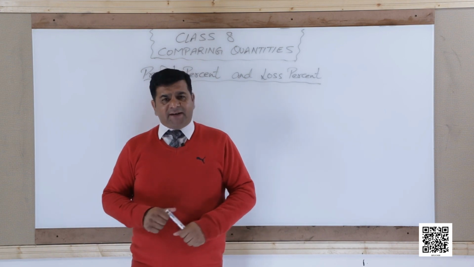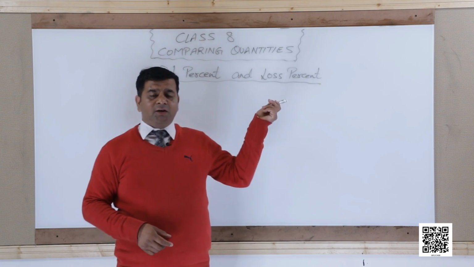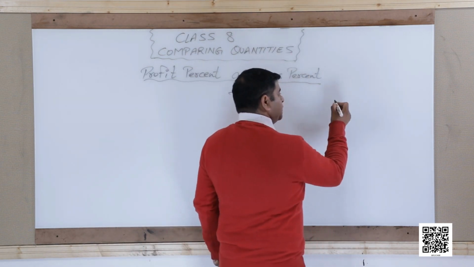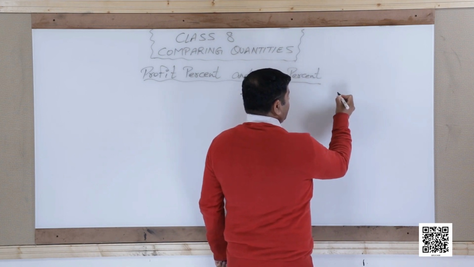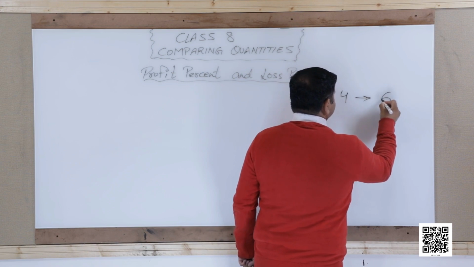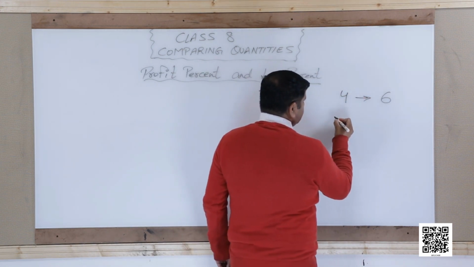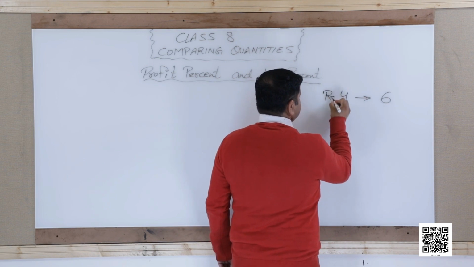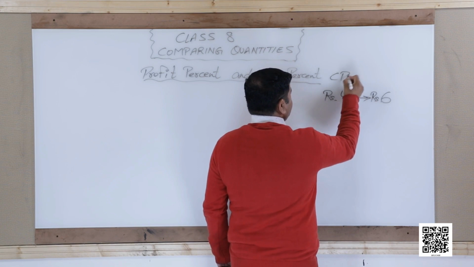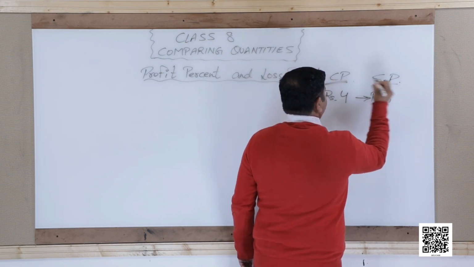First of all, let's see why do we find profit percent and loss percent. See students, suppose I purchase one item for rupees 4 and sell it for rupees 6, so this is rupees 4 and this is rupees 6, and suppose this is the cost price here and this is the selling price here.